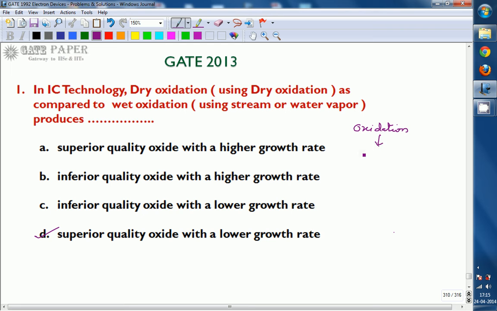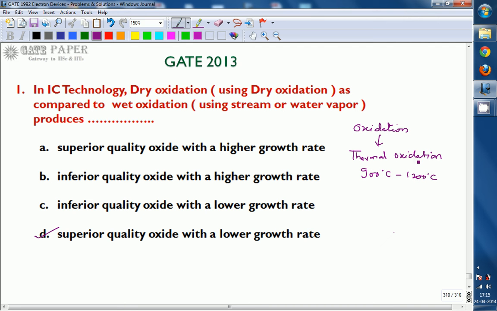Thermal oxidation is a commonly used technique to grow silicon dioxide on silicon, and it is usually carried out at a temperature range of 900 degrees centigrade to 1200 degrees centigrade.